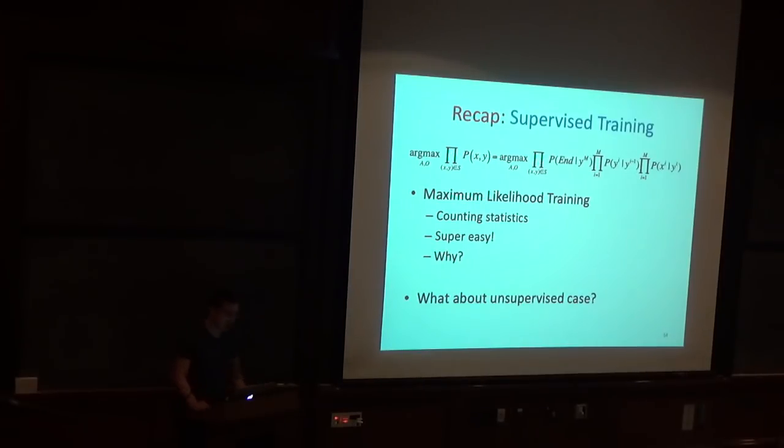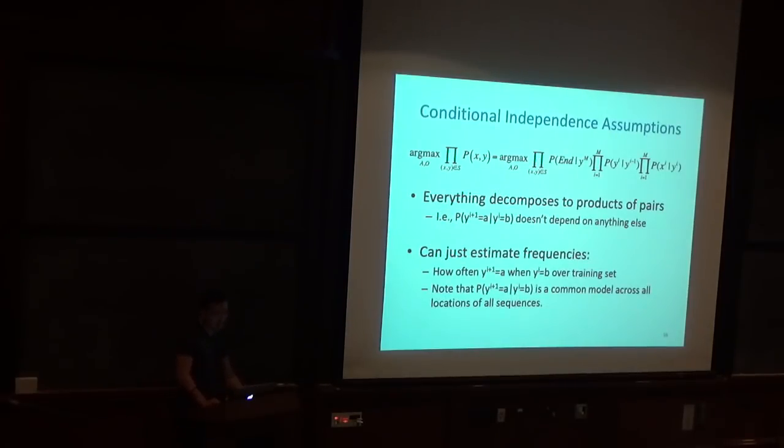So, like in naive Bayes, in the fully supervised setting, it's just counting statistics, super easy. Why is that? It's because of the conditional dependence assumptions. Everything decomposes.